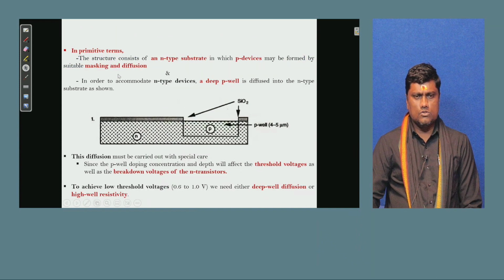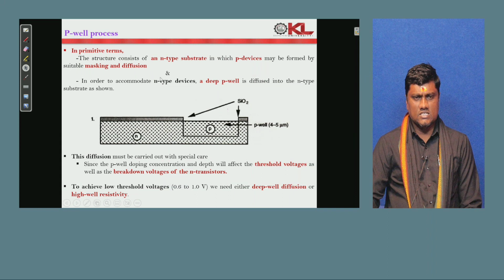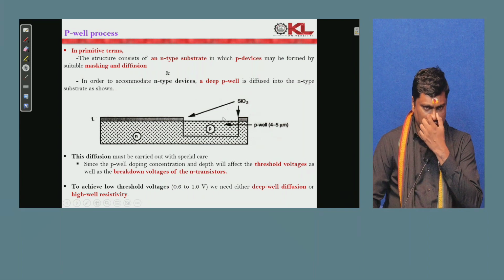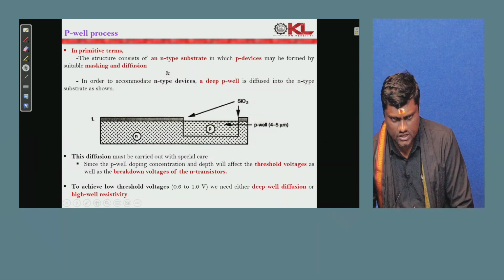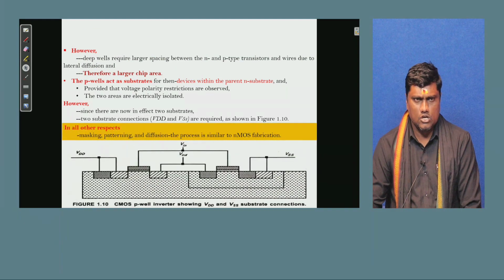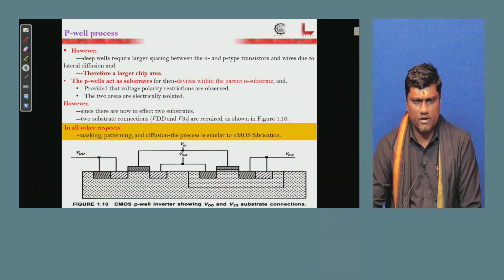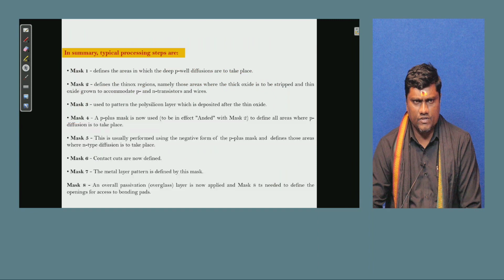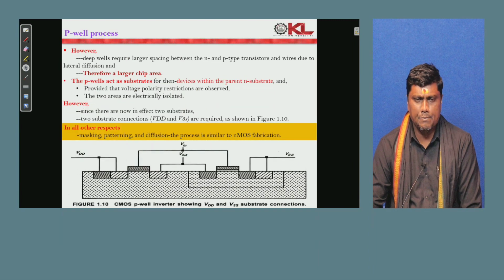In the P-well process, we create a well of P type material, about 4 to 5 micrometers thick. That well will be formed on one side, and we say this is a P-well process.